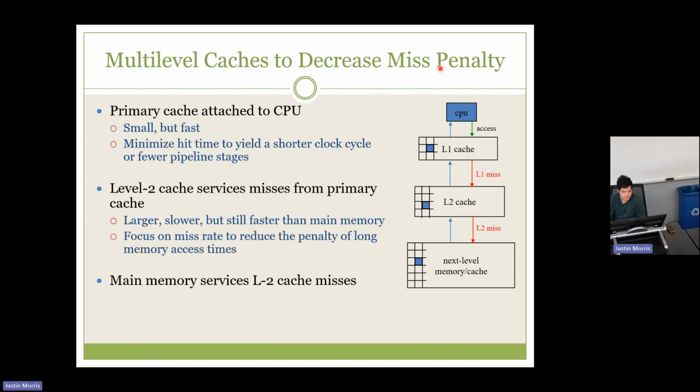So to decrease this miss penalty, we're going to introduce a level 2 cache. It's larger and slower than the primary cache, but it is faster than going to memory. So this will reduce the penalty, because if we have it in our L2 cache, our penalty is less than going to main memory.